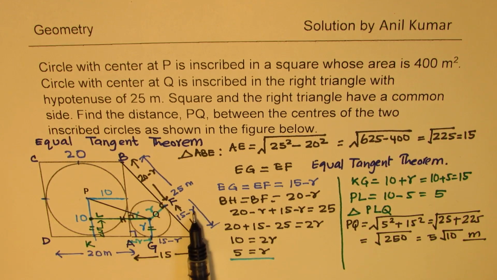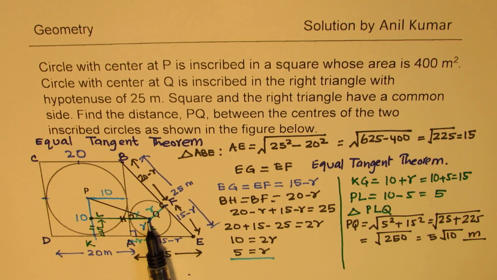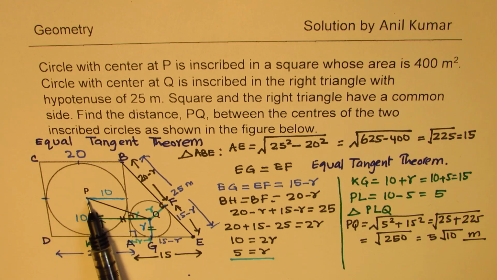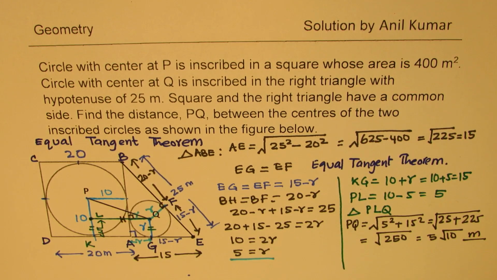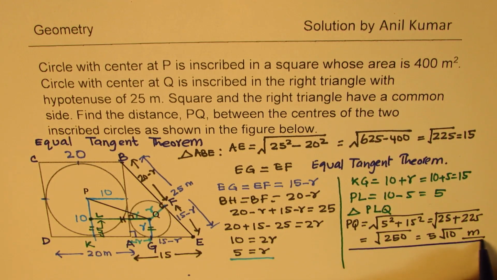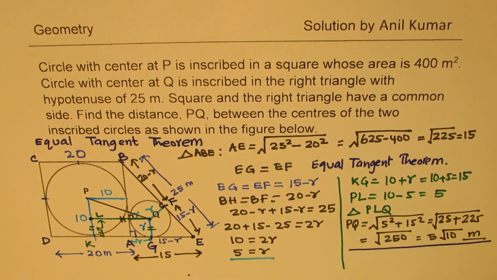That gives us the value of R as 5. Now this is 5, that is 5. So KG is 10 plus 5, 15, and PL is 5. The hypotenuse, the square root of 5 squared plus 15 squared, gives us the distance between the two centers. Is that clear to you? So that is how we are going to solve this particular question.